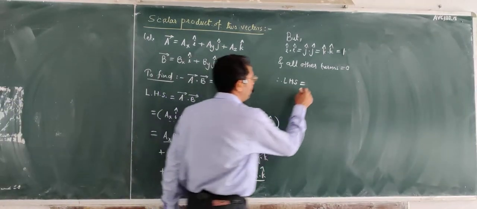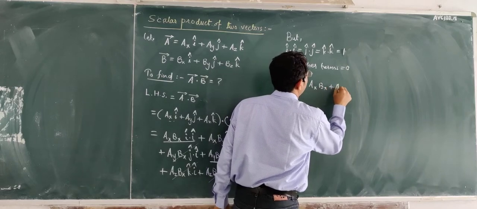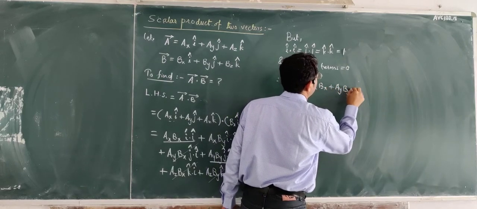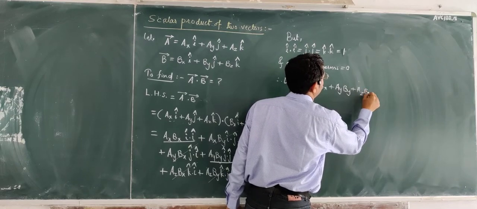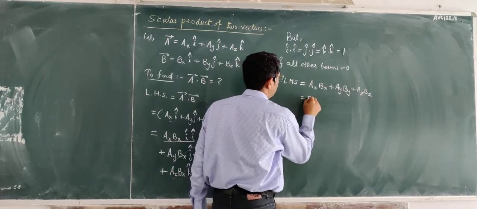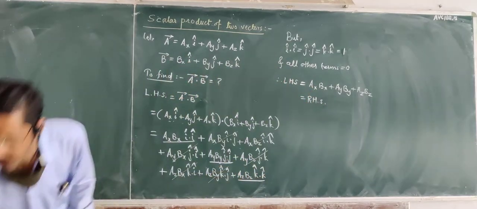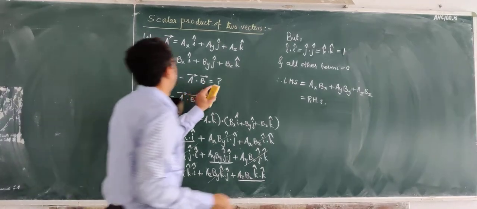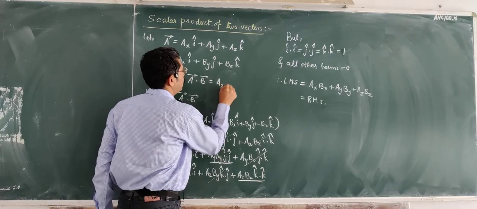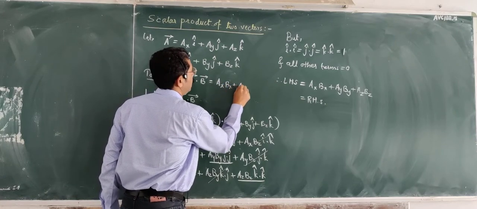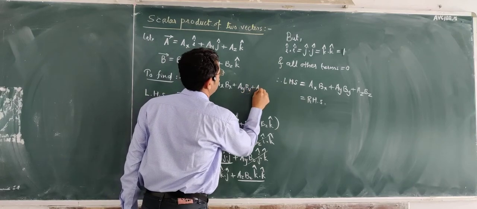So this will only give me AX BX plus AY BY plus AZ BZ, which is my right hand side, which I said earlier I wanted to prove: that A dot B is equal to AX BX plus AY BY plus AZ BZ.